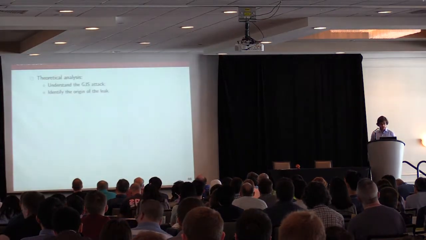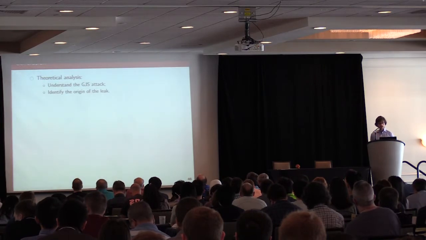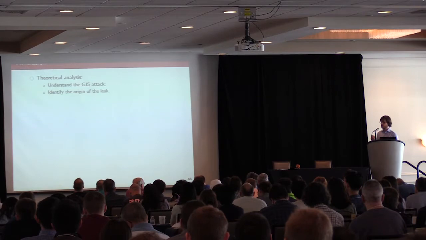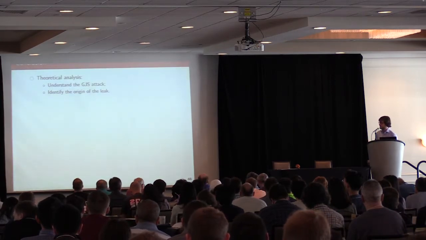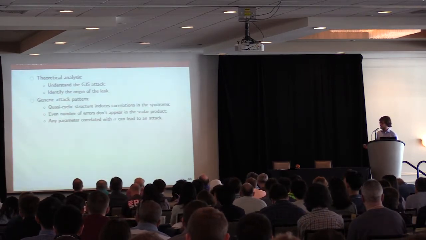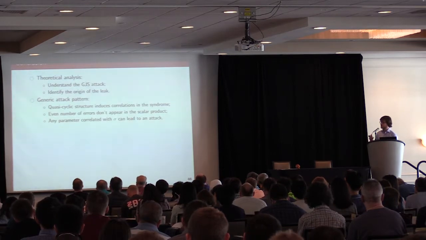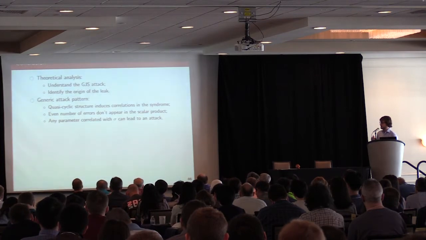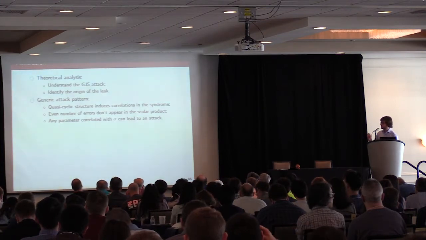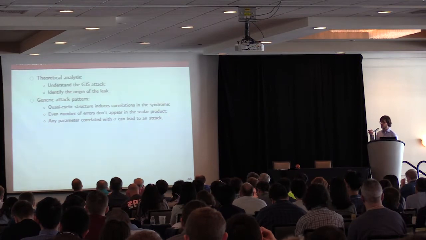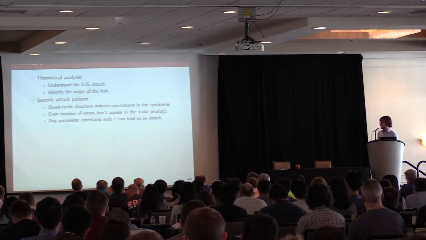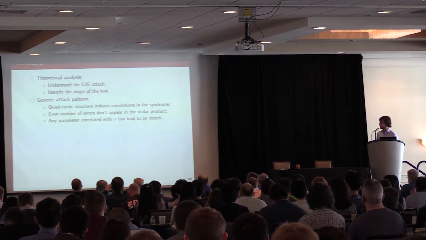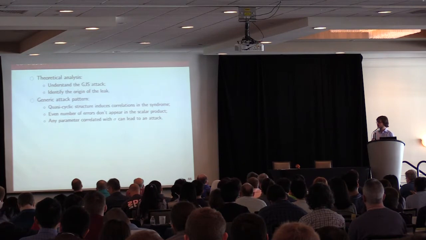So we have performed the theoretical analysis to understand the GJS attack and identify the origin of this attack. We have seen here a generic error pattern that we understand because it's inherent to this quasi-cyclic structure and the inner product of the syndrome, where this information disappears in the inner product, and that now we know that any parameter correlated to the weight of the syndrome could lead to such an attack.